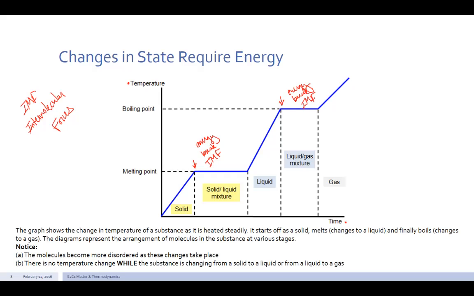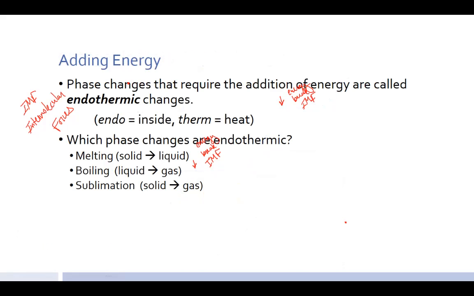And so just remember that there is no temperature change while the substance is changing from a solid to a liquid or from a liquid to a gas, because that energy is being used to break those intermolecular forces. Okay, so adding energy is what we call endothermic. Endo meaning into, thermic meaning heat, adding heat.